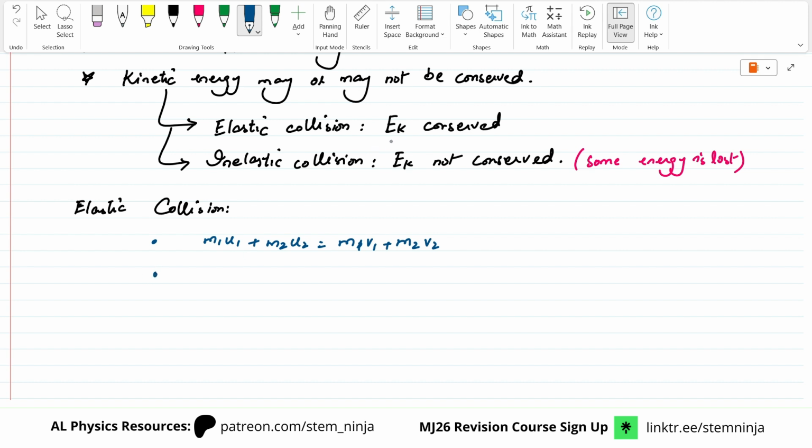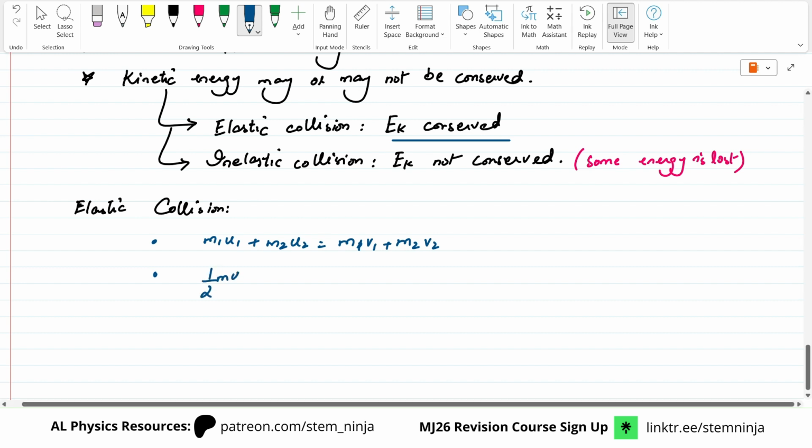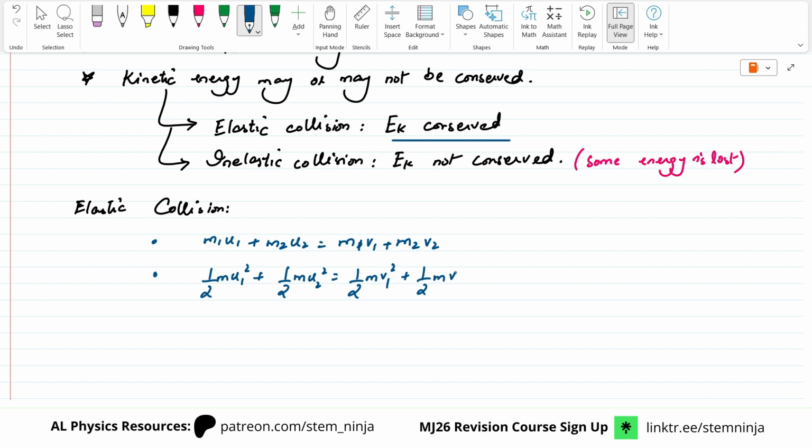And since kinetic energy is also conserved in elastic collisions, you will have half m1 u1 squared plus half m2 u2 squared equals half m1 v1 squared plus half m2 v2 squared.